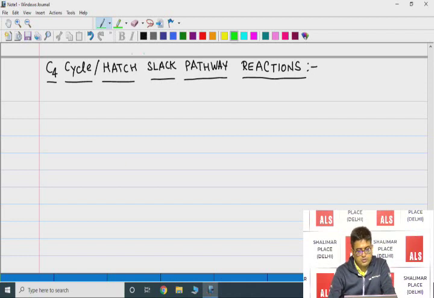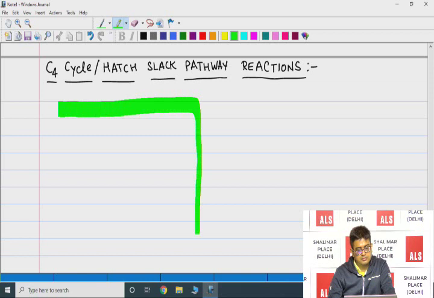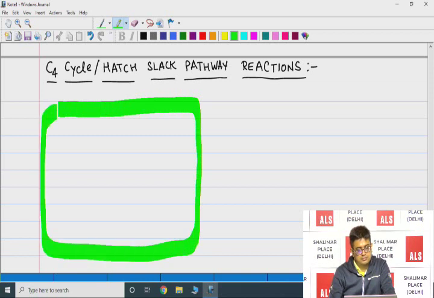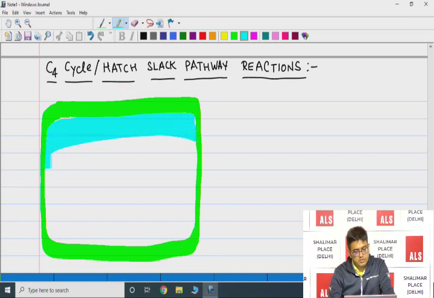So let us choose again, this type of cell we will take. This is a mesophyll cell that I am drawing. I am just labeling it.